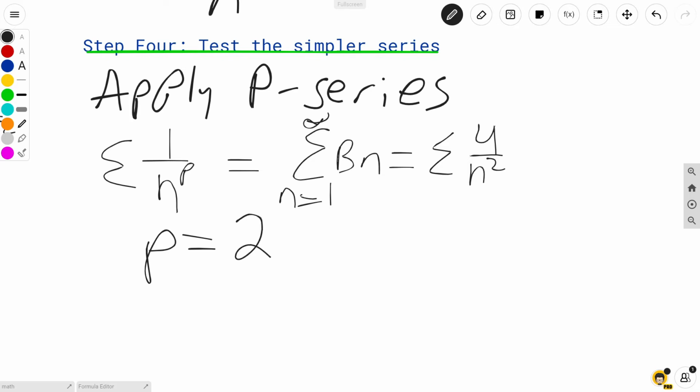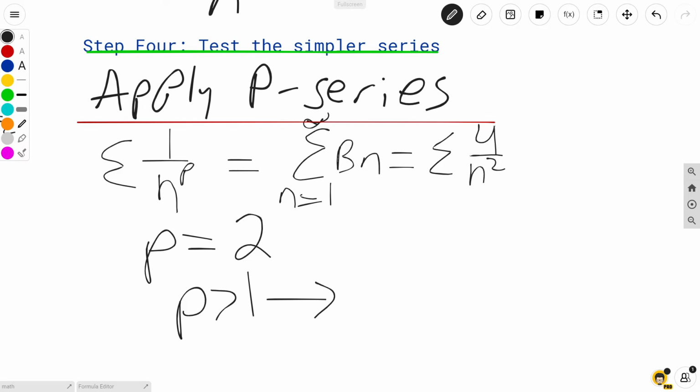Applying the p series, which I will underline, noting that p is greater than 1, we can therefore infer that this whole series is going to converge.